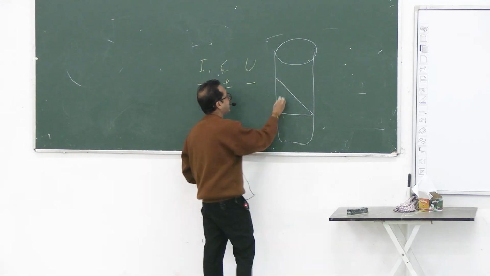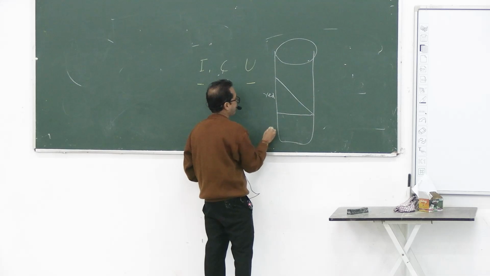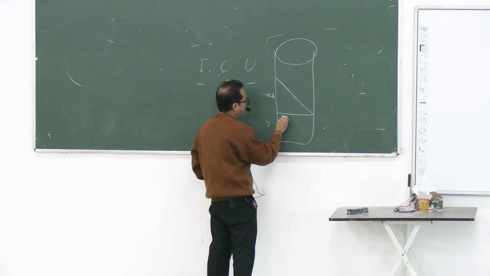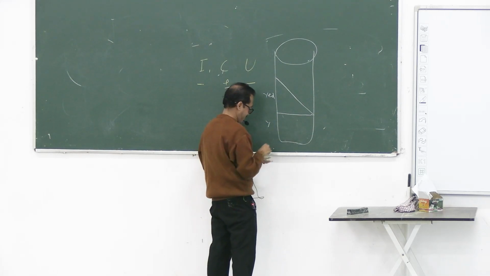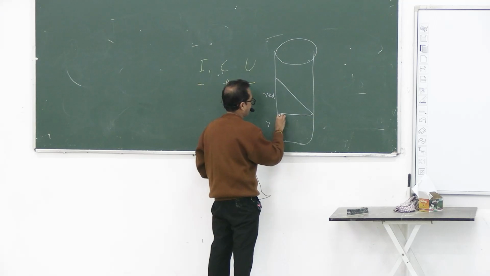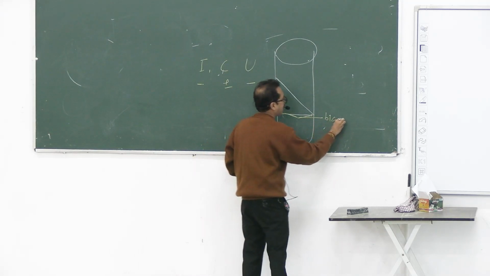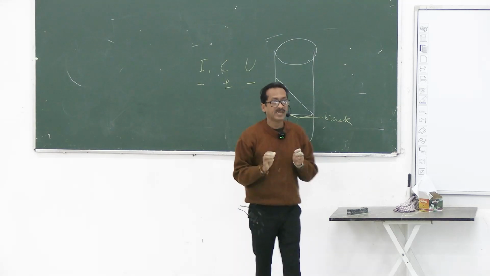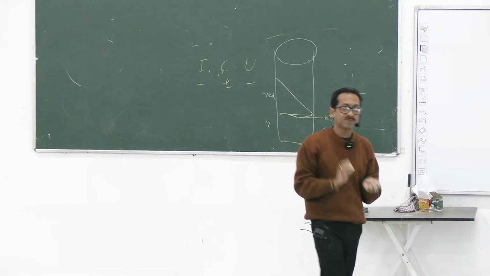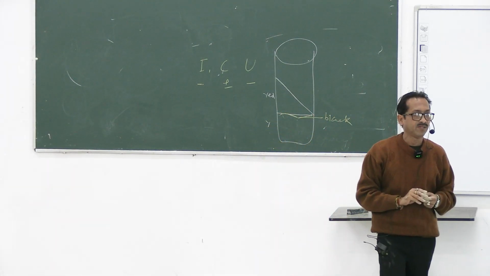It will be a red colored slant and this is yellow, but in between there will be a black moustache sign. So a black colored moustache sign appears in TSI and that is specific of Salmonella typhi.